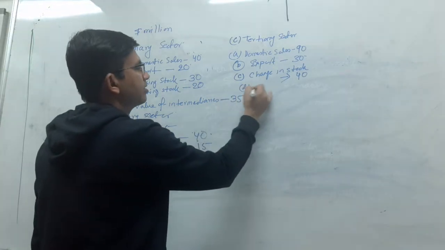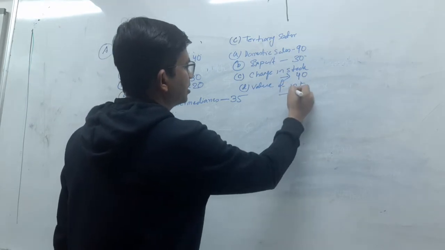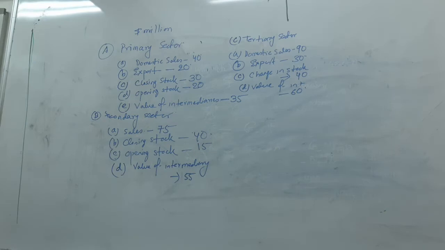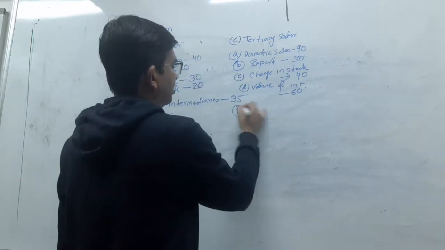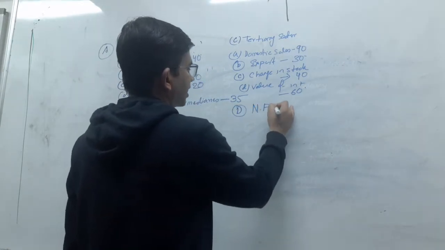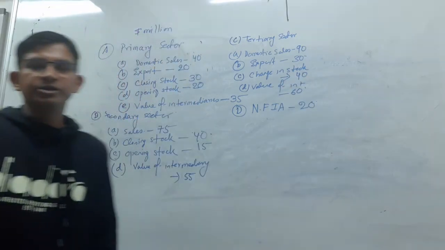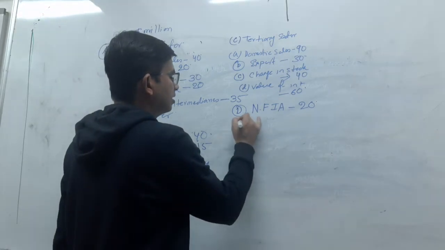And D. Value of intermediary is 60. Net factor income from abroad 20.